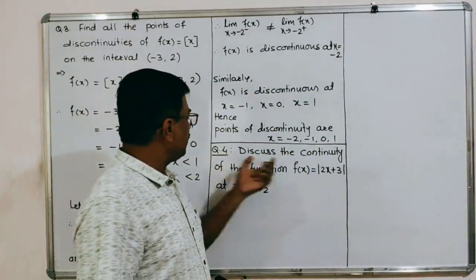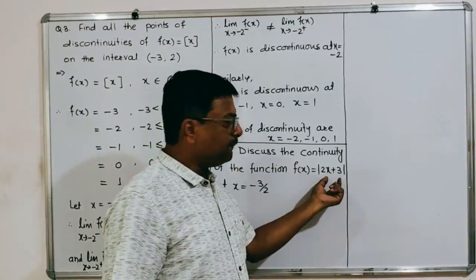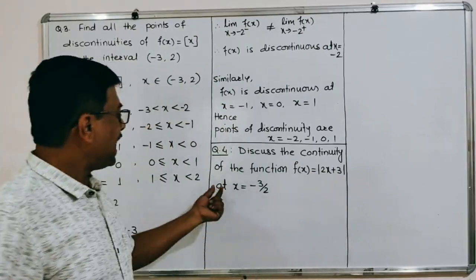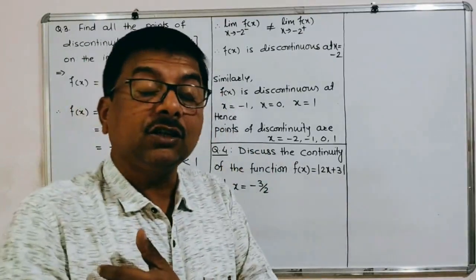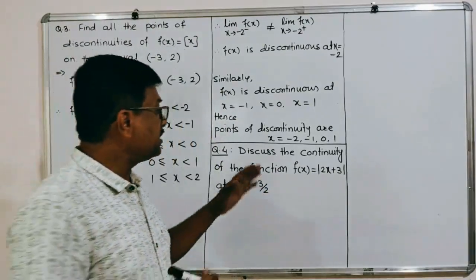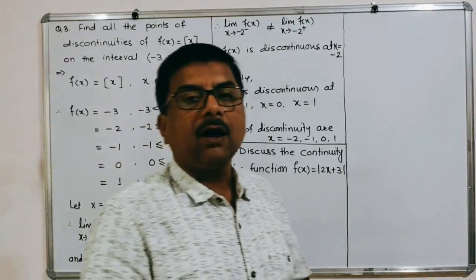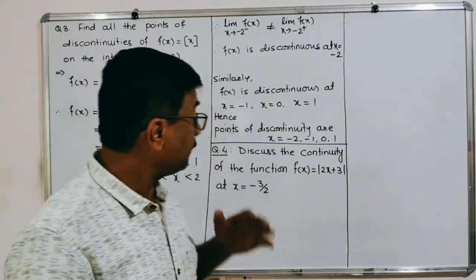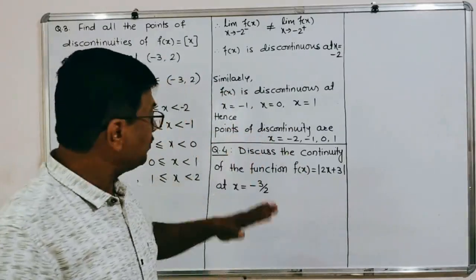Now look at question number 4. Discuss the continuity of the function f of x is equal to step of 2x plus 3 at x is equal to -3/2. As you already know, step function is always continuous on its respective domain, or step function, not step function, modulus function. I will recorrect it.